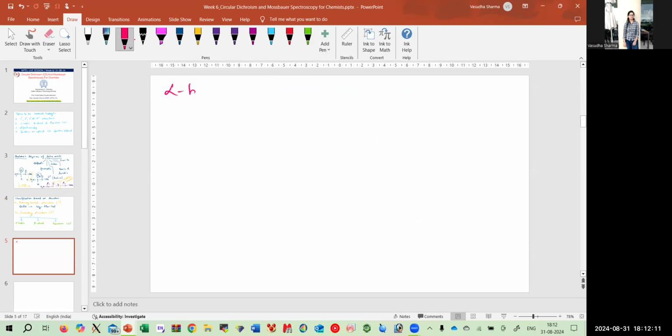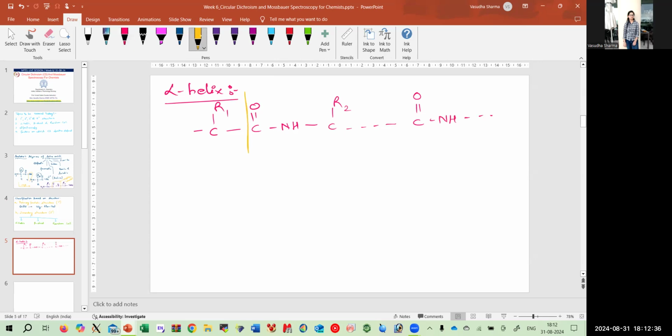Talking about alpha helix, if we consider this protein, in this structure we talk about the interactions of the CO group with the NH group of the other moiety.